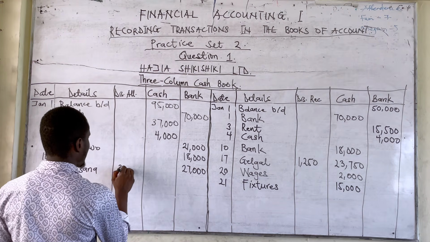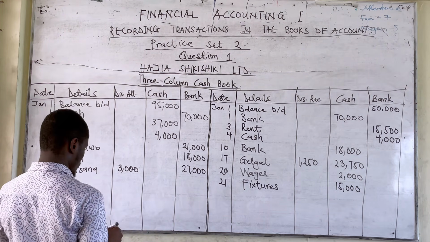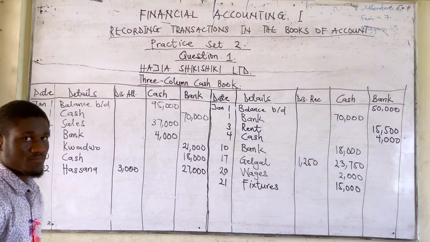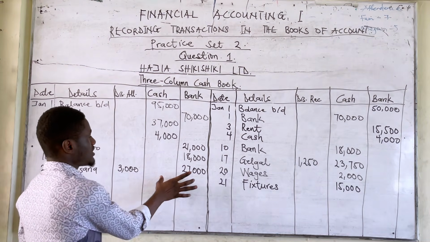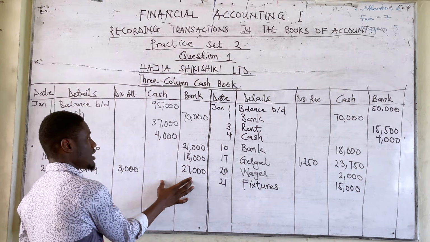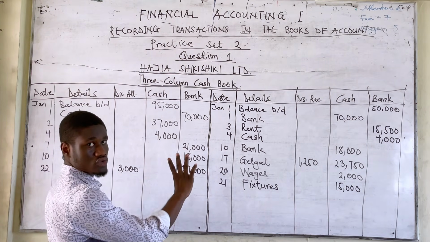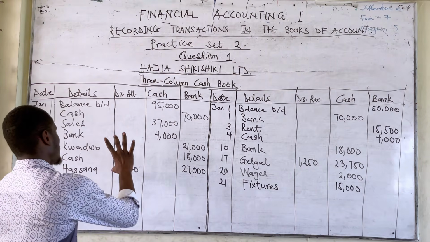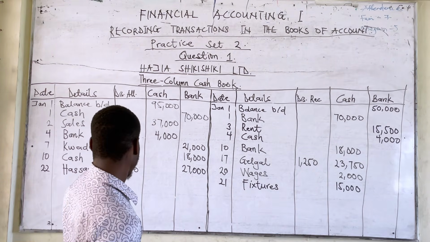And here is the 3,000. Okay, so this is the actual amount Hassan pays. Do you get it? Good. He paid using what? Check. So that means it's our bank amount that is going to increase. Then we allow the discount. So 3,000 here for Hassan.